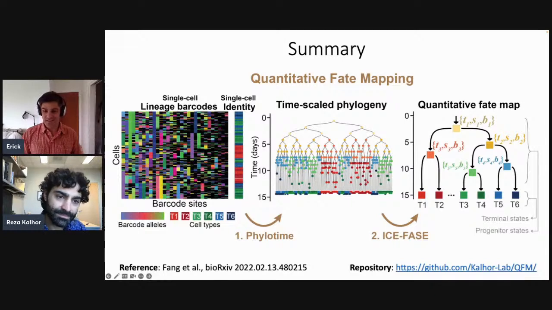I mean, the limitation, I think, is that these things are usually implemented in a Bayesian context, and the Bayesian methods of course have limitations as far as scaling is concerned. So, yeah, I don't know.